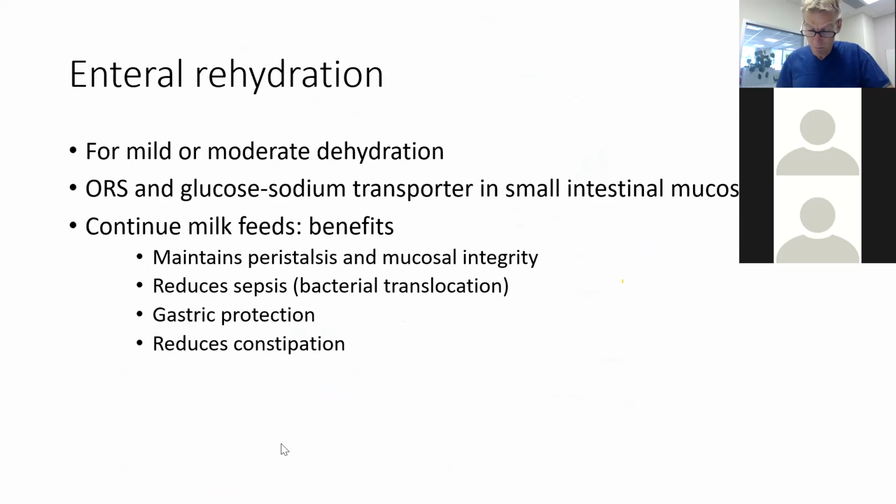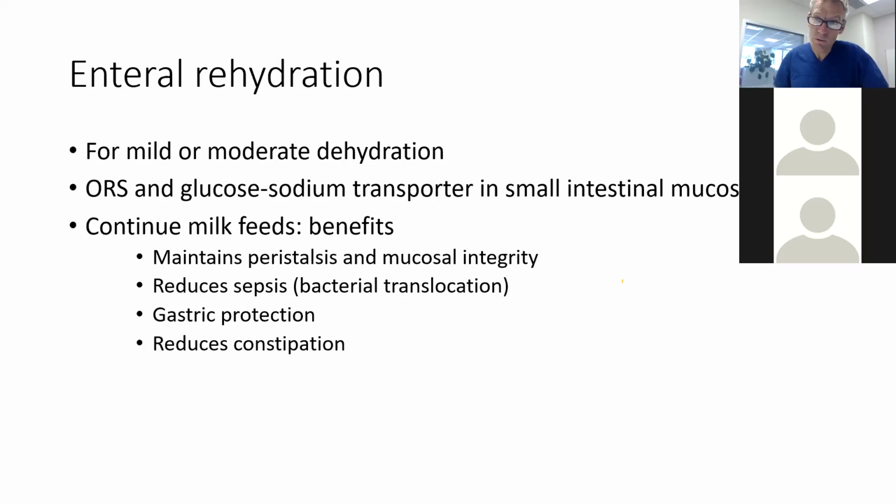Right. Mostly for moderate and severe dehydration, enteral rehydration is much better. And as you know, oral rehydration solution is a wonderful fluid that enables the absorption of water and glucose and sodium, and it does so by having just the right amount of glucose.